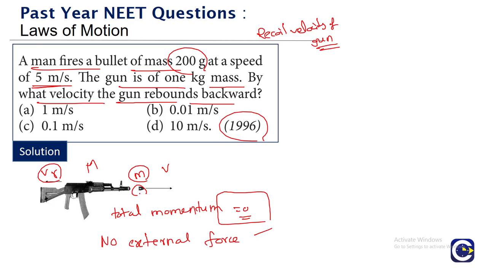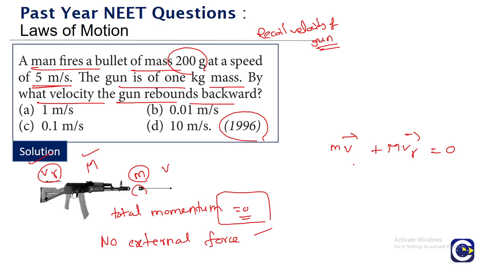Now once the bullet is fired, it has a momentum of m into v. As a result, the gun also gets a velocity which we call the recoil velocity. The momentum of that is M into Vr. These are vectors, velocities are vectors.